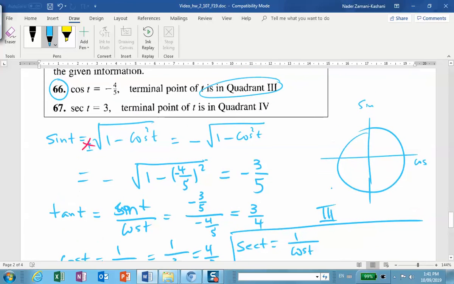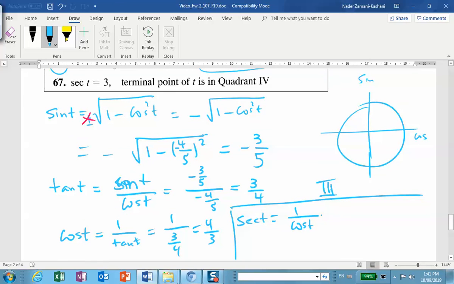Cosine of t, you were told, is minus 4 over 5. 1 over minus 4 over 5 is minus 5 over 4. And cosecant of t, the last trig expression, is 1 over sine of t, and we just worked it out. So it's 1 over minus 3 over 5, and this is minus 5 over 3.